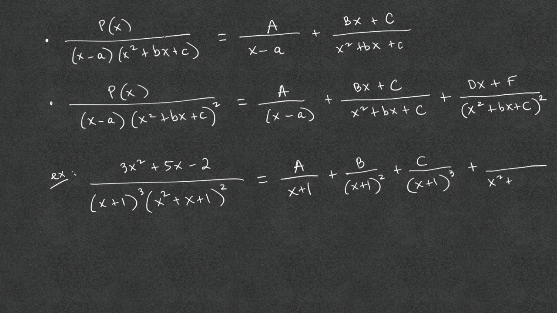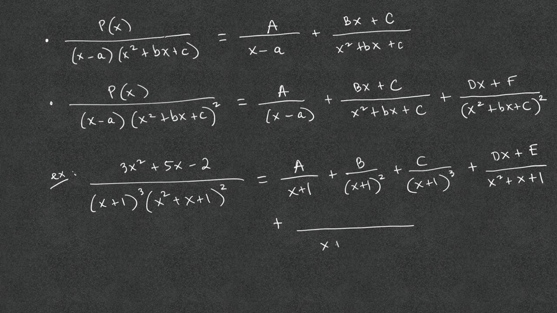Plus we move on to the irreducible quadratic factor. The numerator must be linear, but we used the letters capital A, B, C already. Thus, the linear factor is now dx plus e, plus this irreducible factor is being repeated 2 times.